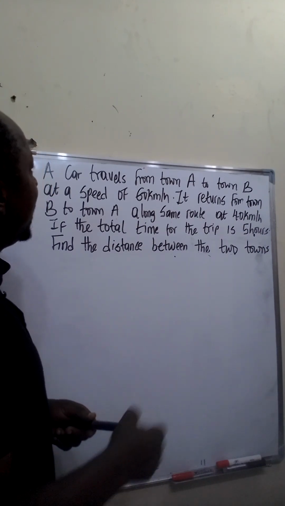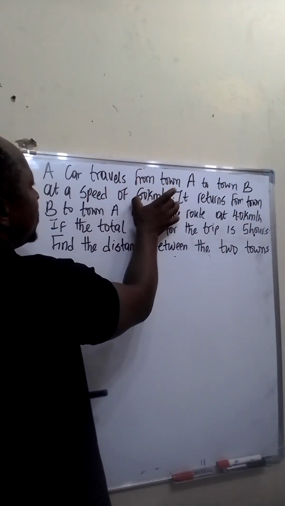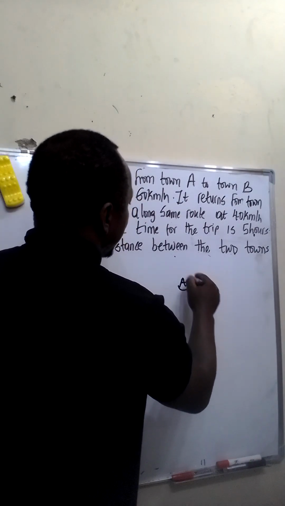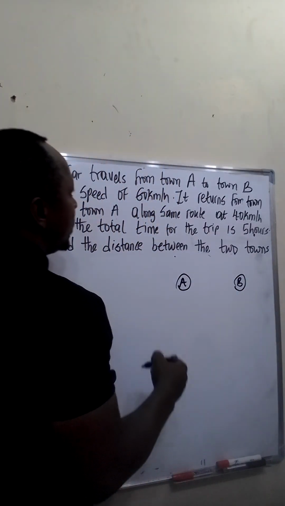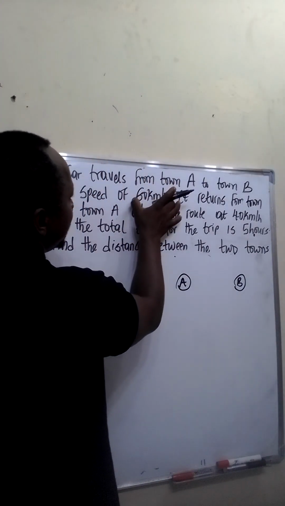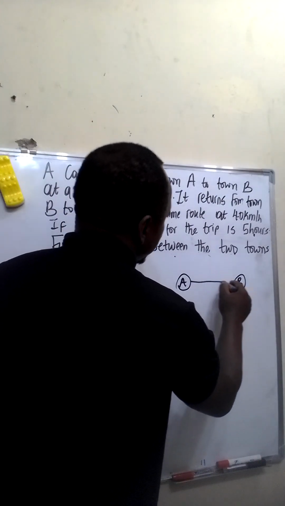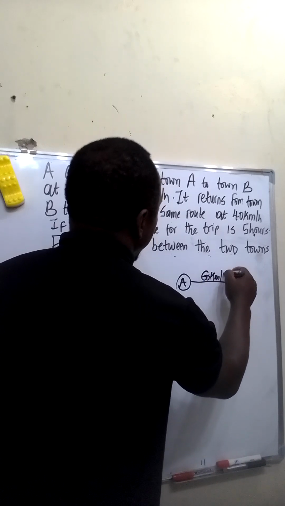We are told that a car travels from town A to town B at a speed of 60 km per hour. Let this point be town A and this point be town B. The car moves from this town to this town at 60 km per hour.